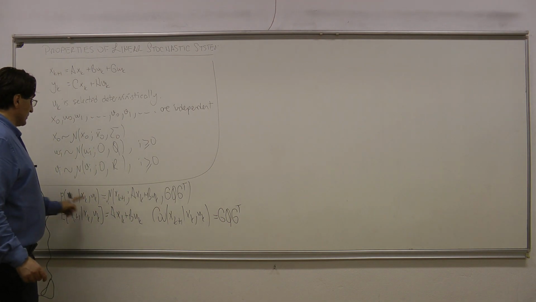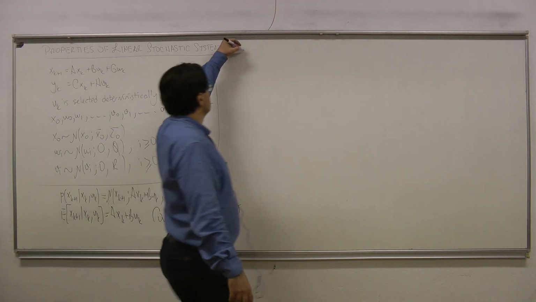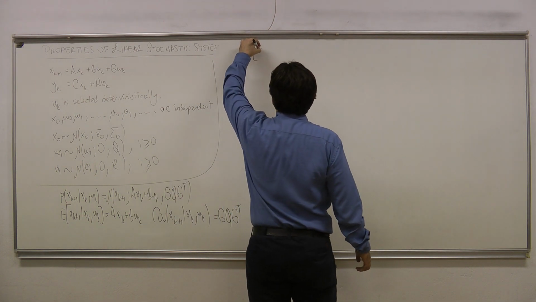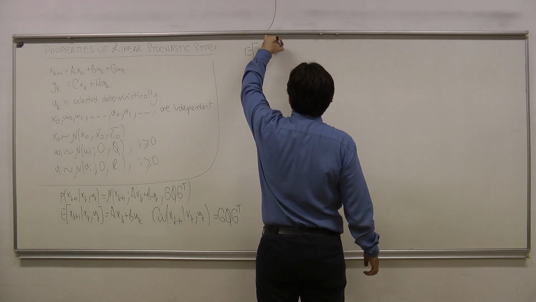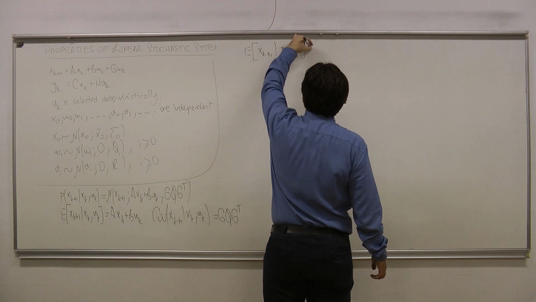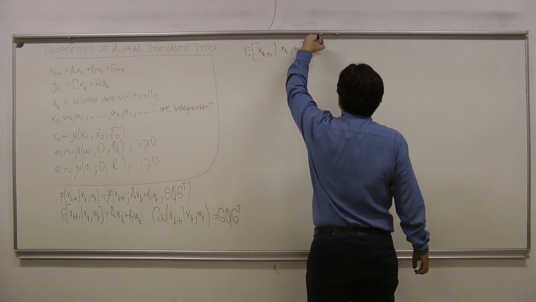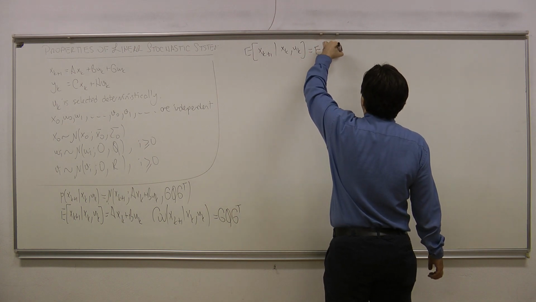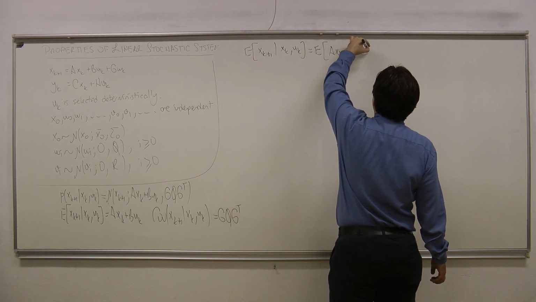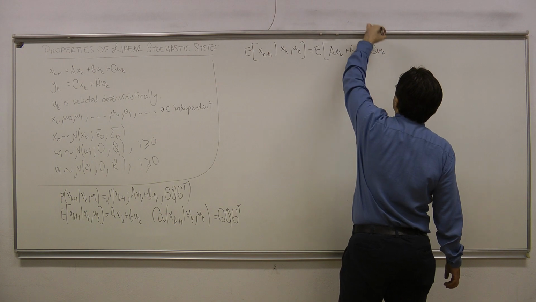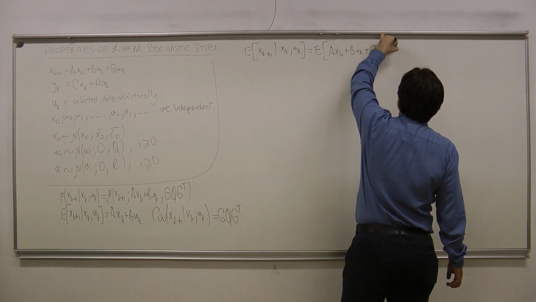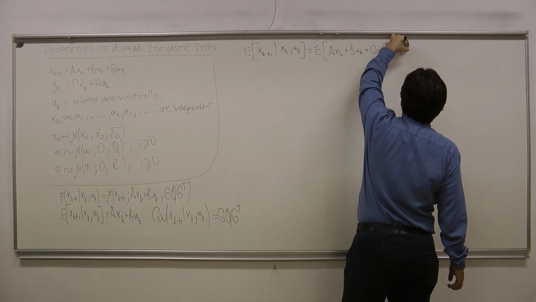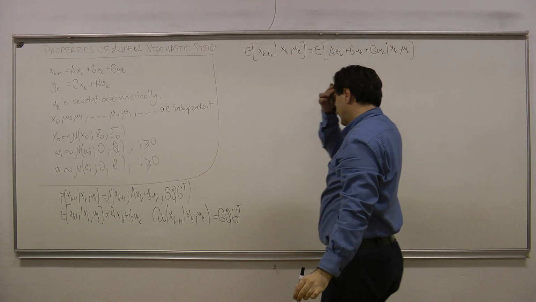So here we are talking about this expectation, xk plus 1 given xk and uk. This is equal to expectation of xk plus 1, which is axk plus buk plus gwk. Okay? And xk and uk are given to us.